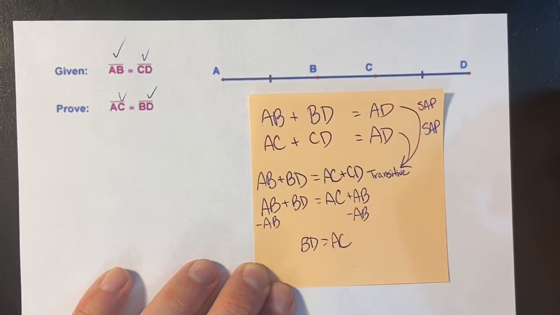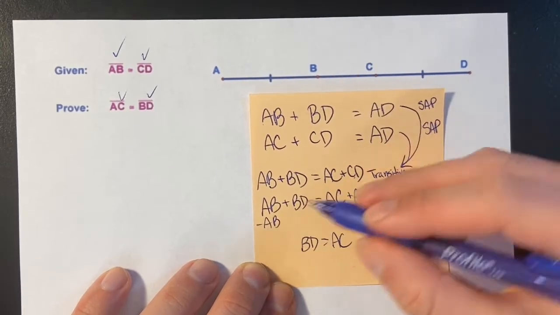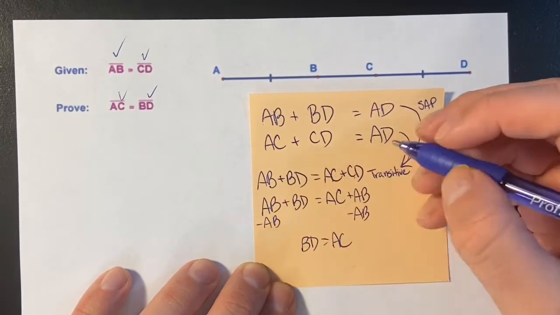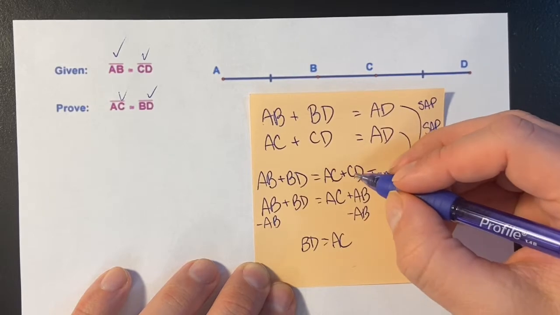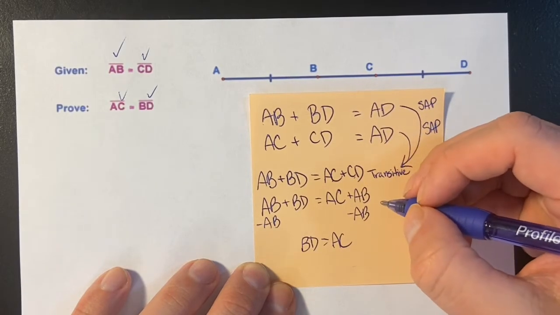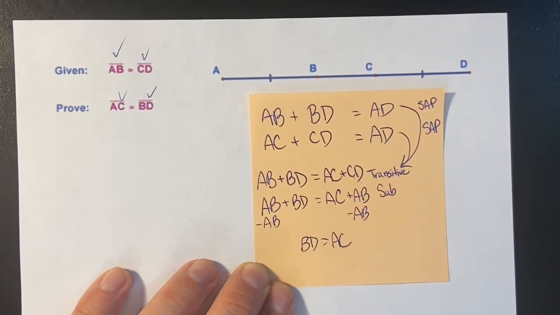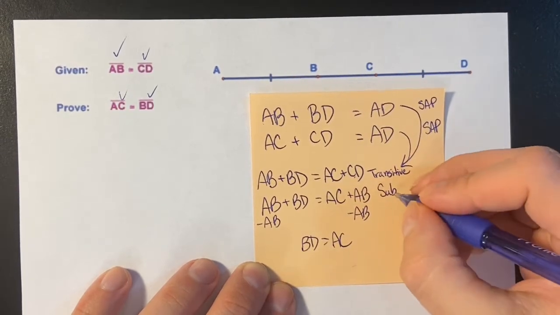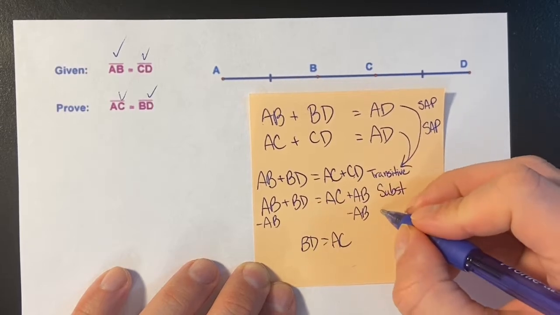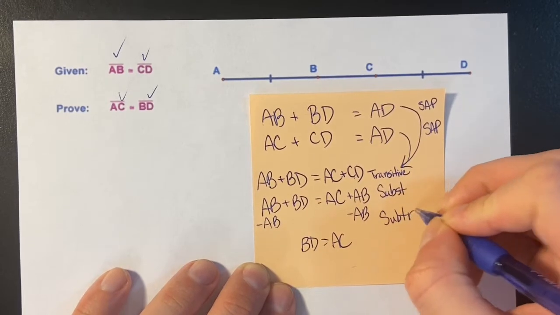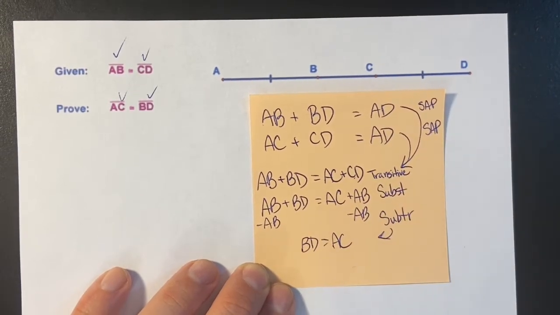You could also use substitution. But what I did here is I did substitution by turning CD into AB. And that's how I got that guy.